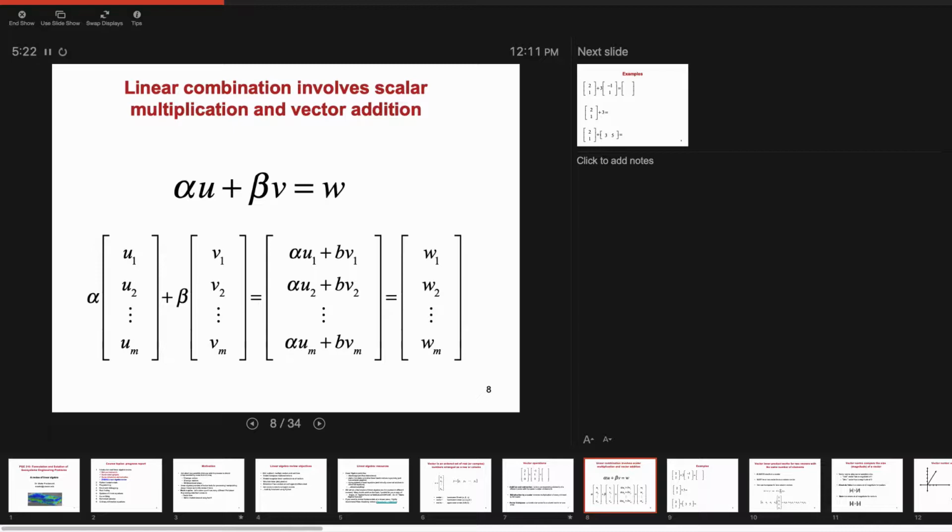I go element by element, and I multiply all of the first vector with alpha, and all of the second vector with beta, and I add the two, and I get the result. This is a straightforward definition. It's easy to learn. But it underlies how we express everything.